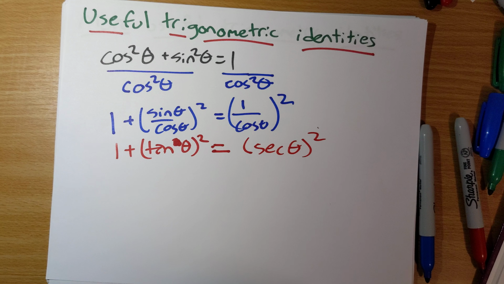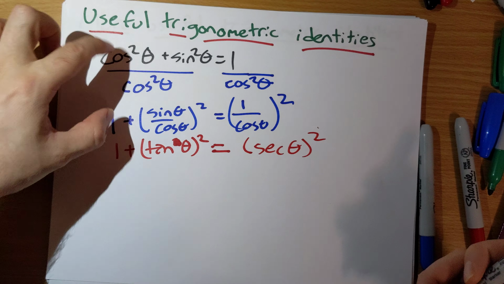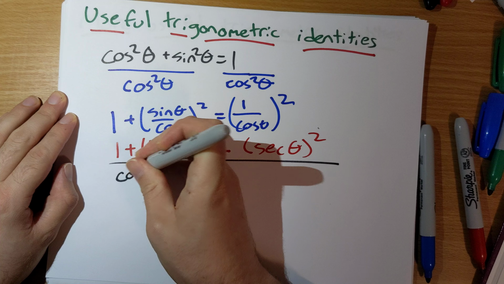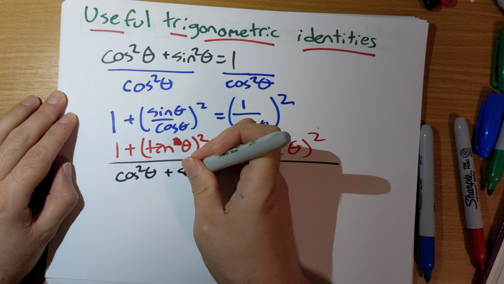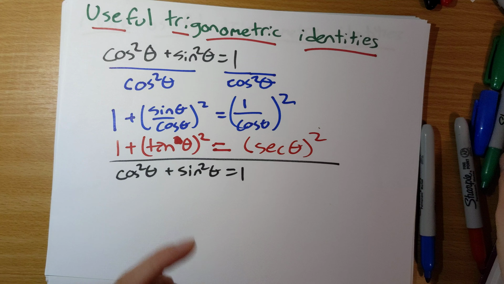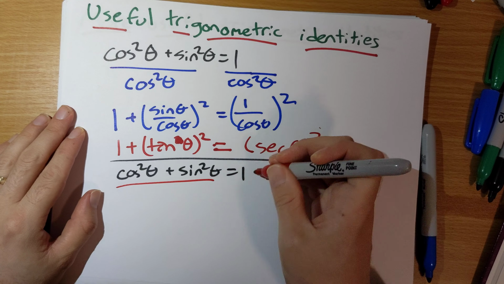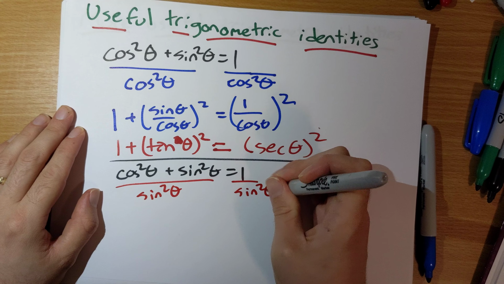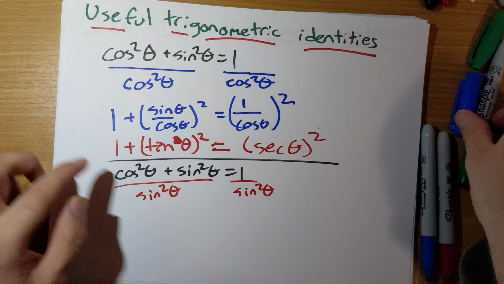Now, one more, so I promised there were 2 more after the first one. Instead of dividing cosine squared theta plus sine squared theta equals 1 by cosine squared theta, let's divide both sides by sine squared theta. And what do we end up with?